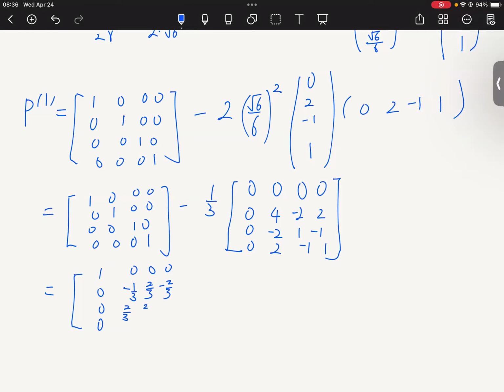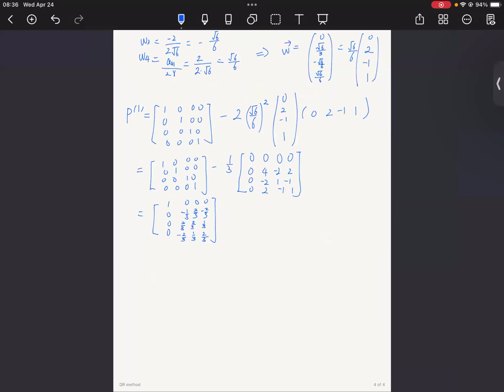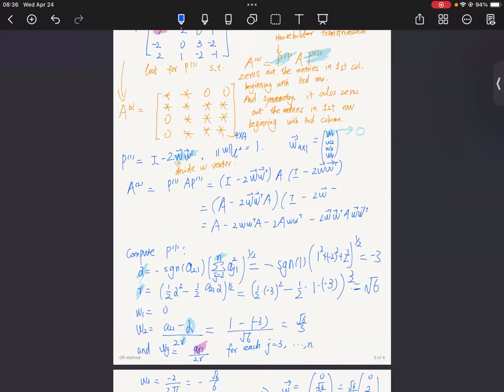This is designed on purpose. We designed this P1 matrix on purpose because we want to zero out that component of matrix A. If you do that multiplication, at the end you will see this.